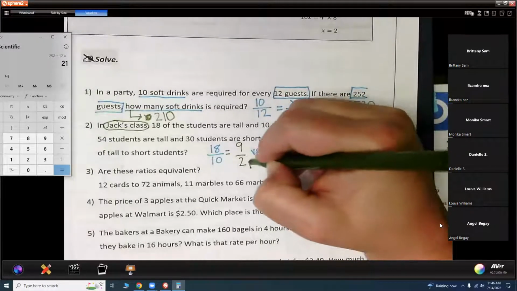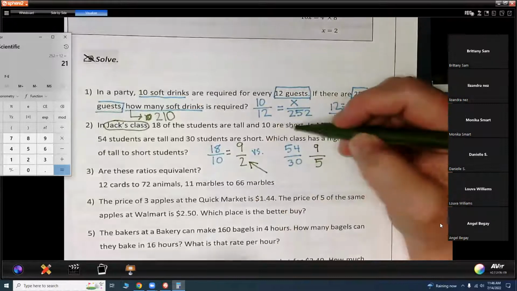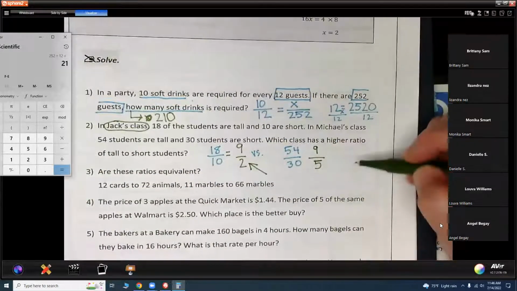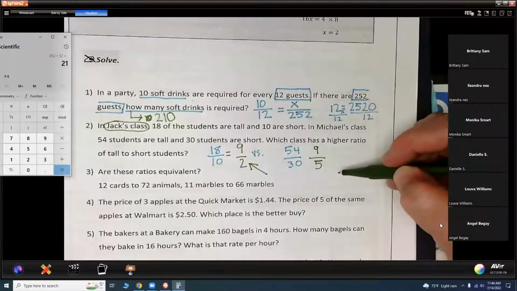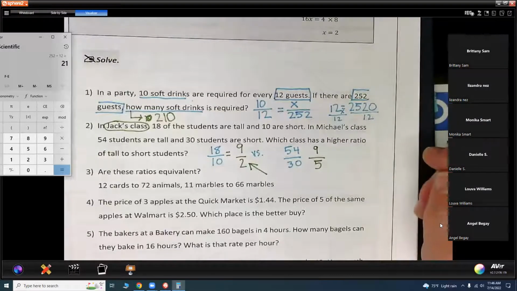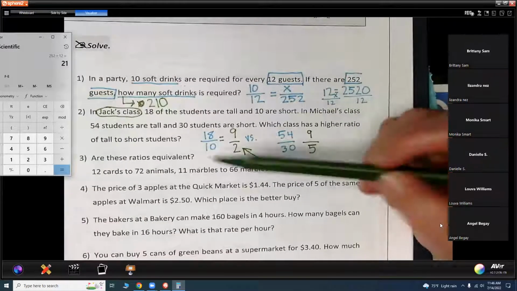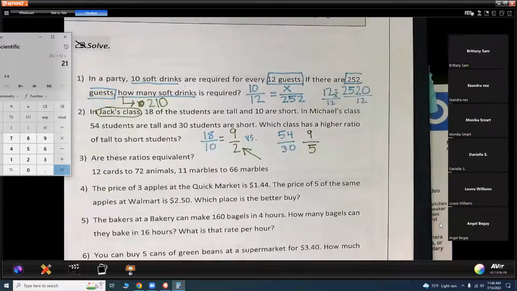Does everyone see how this is a higher ratio? Because the difference between the two numbers is bigger than the difference between these two numbers.